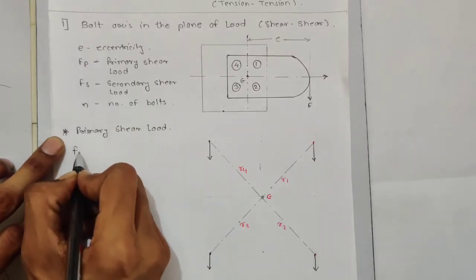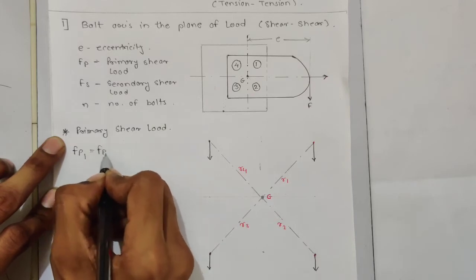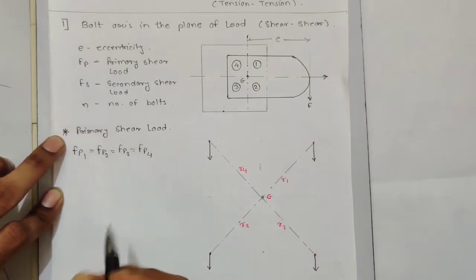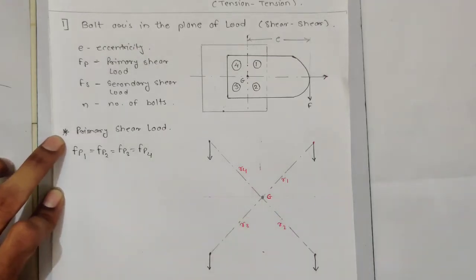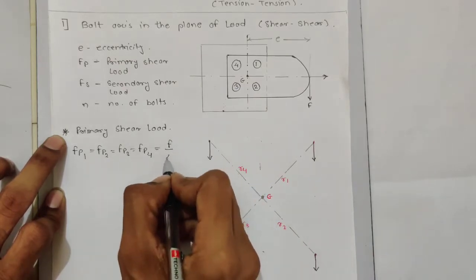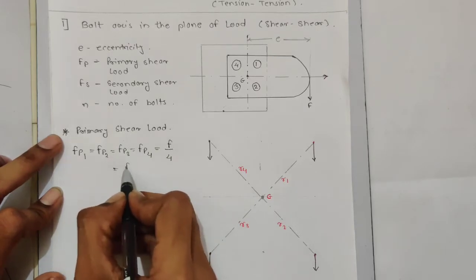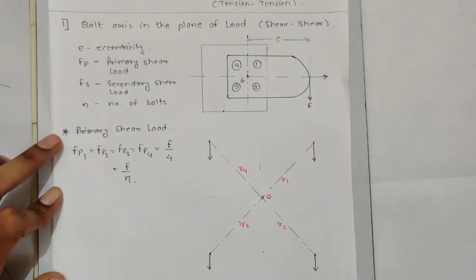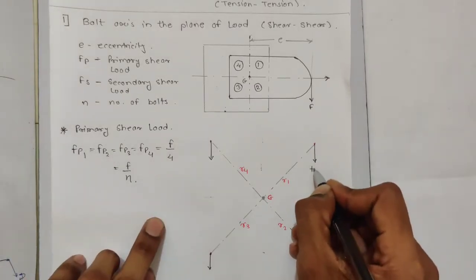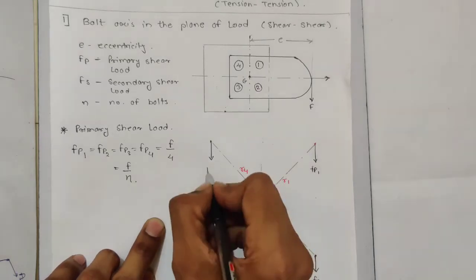So Fp1, the primary shear load on bolt 1, is equal to Fp2, is equal to Fp3, is equal to Fp4, because these loads are equally distributed, and it is equal to F divided by N, the number of bolts, which is 4. Here these are Fp1, Fp2, Fp3 and Fp4.